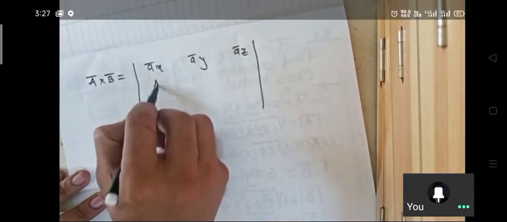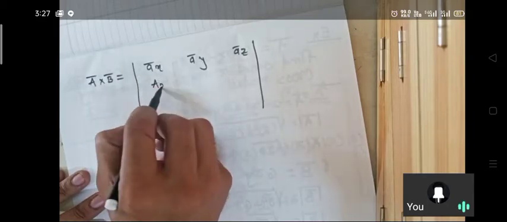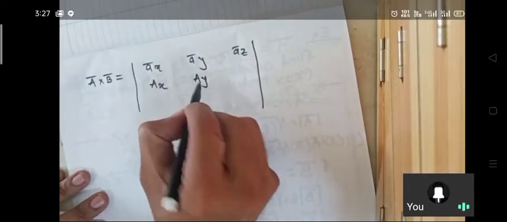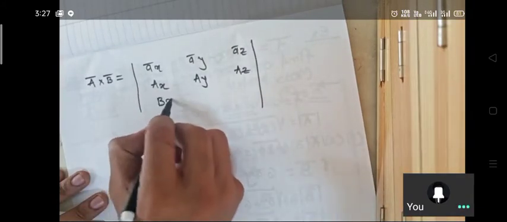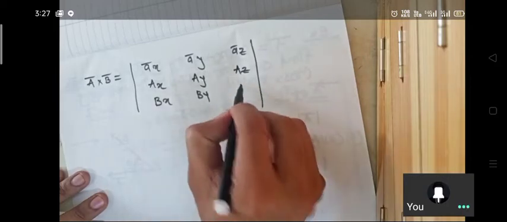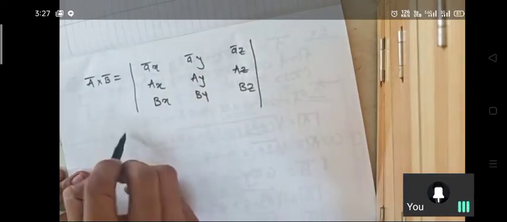Second row, all components of a bar, that is ax, ay, az. Then next bx, by, bz. See, this is the definition of cross product.